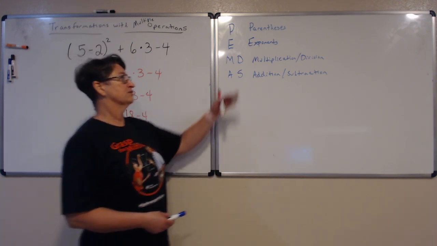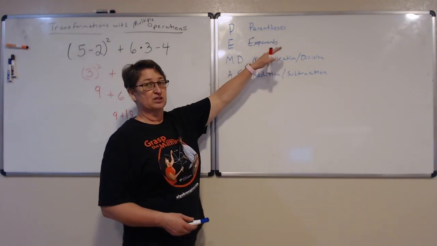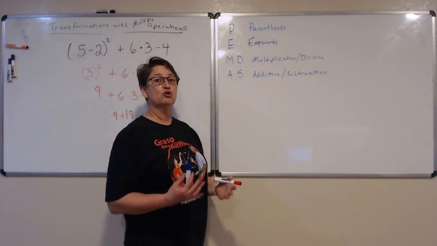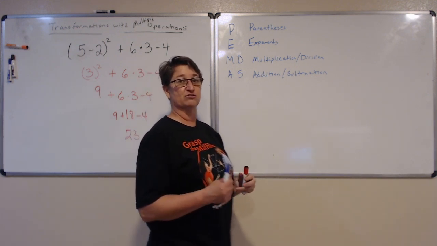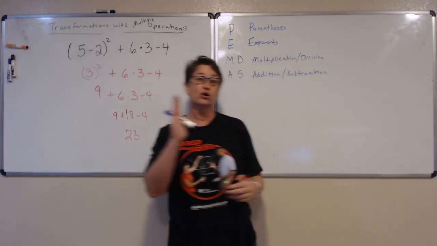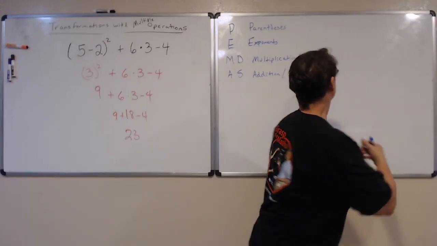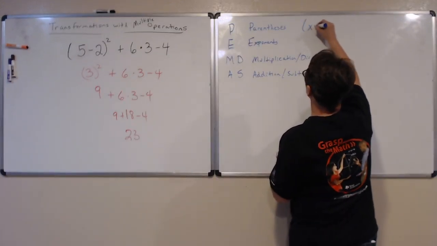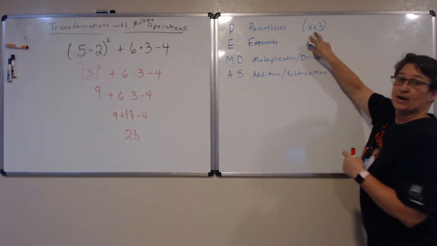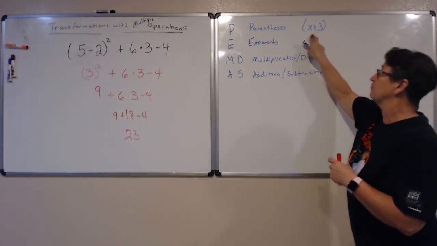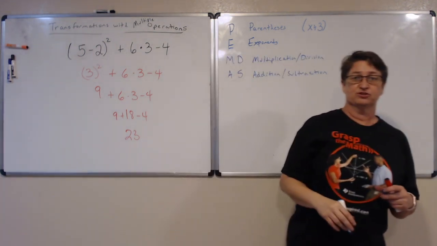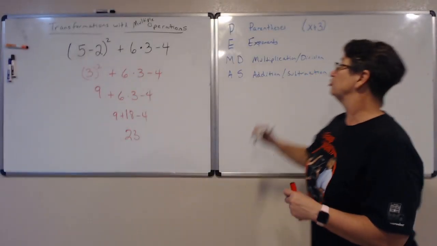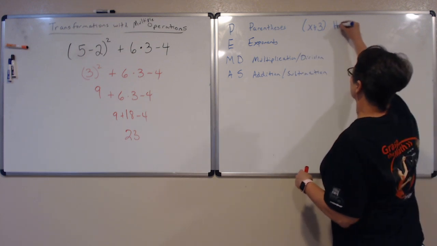So for instance, my parentheses are first in my order of operations. So the first thing I'm going to do with my transformations order of operations is those horizontal shifts. Because if you think about it, when I'm adding and subtracting inside the parentheses, it's causing a horizontal shift. So I'm going to do those horizontal shifts first.